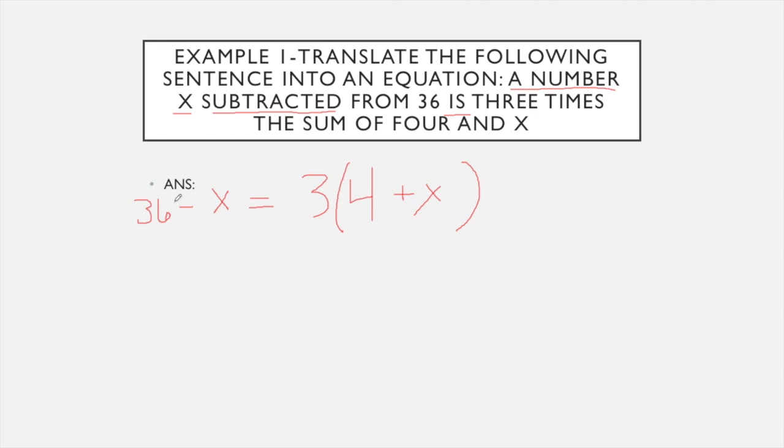So there we go. 36, or x subtracted from 36, is 3 times the sum of 4 and x. So this is that sentence translated into an equation.